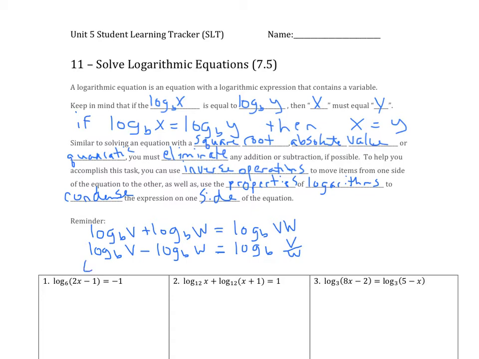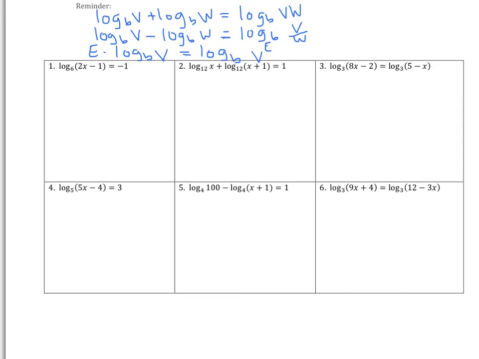And if I have a number times a log, then it's power to a power, so the number in front is actually the exponent of my value, so I can condense it down to that. We will be using all three. Let's take a look at a few examples.